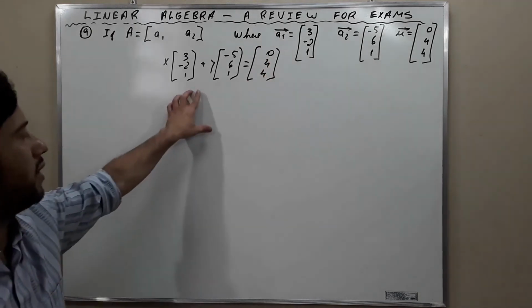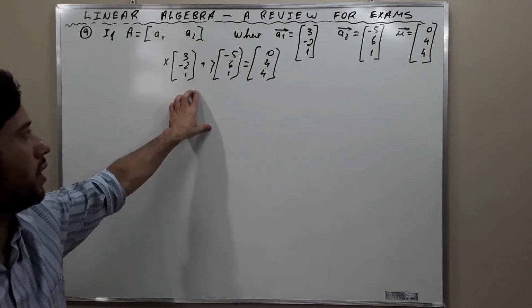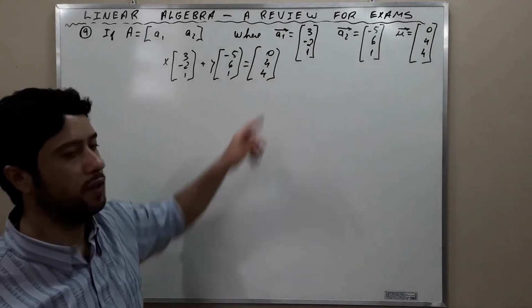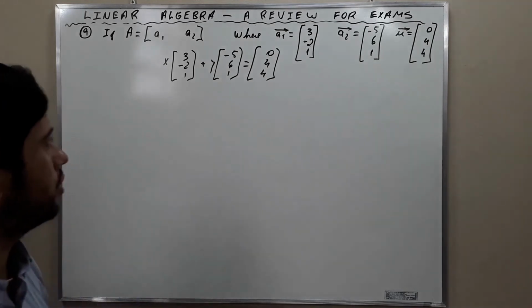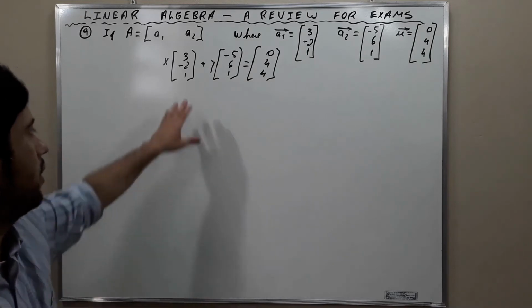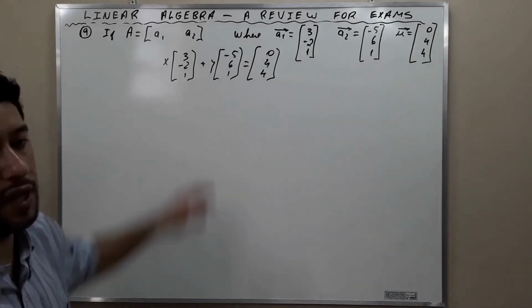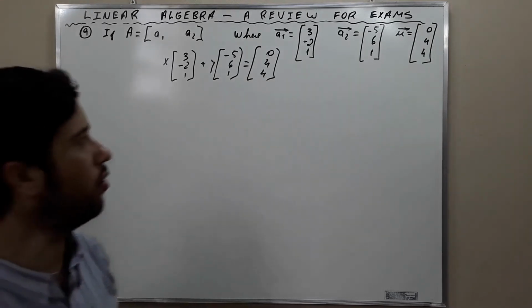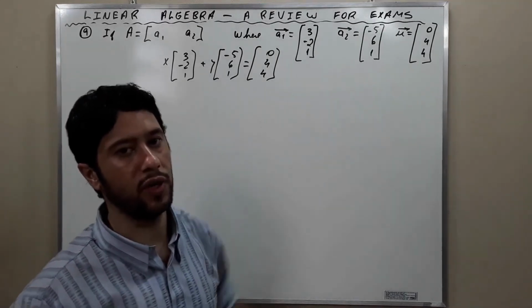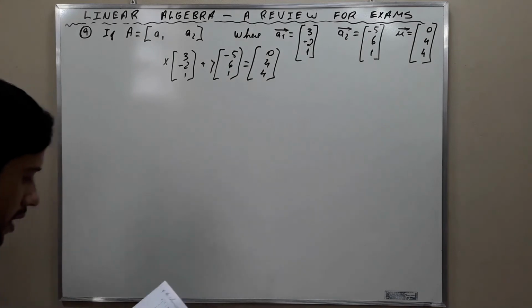We are combining linearly A1 and A2 and see whether this linear combination produces u. If u can be produced by this linear combination, then we can state confidently that it is in the span of A1 and A2. Okay?